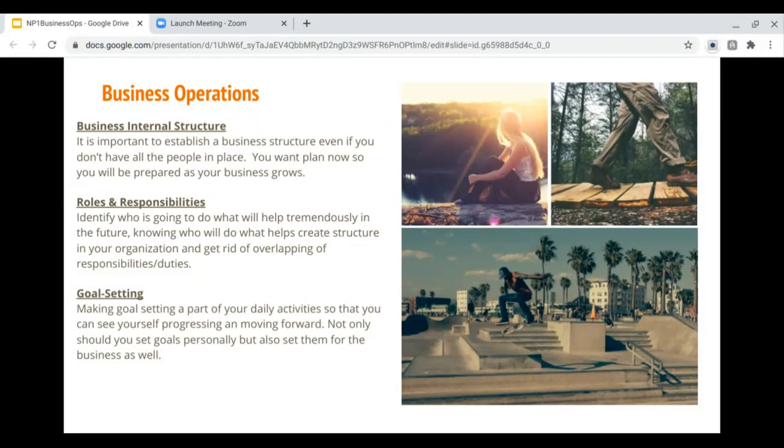Having that structure in place, like I mentioned, with your roles and responsibilities is key, because it creates not only organization, but it also limits the level of overlapping that you're doing. As a small business owner, you want to really limit overlapping, because your time is very limited. So you don't want a recruiter doing credentialing and then hire a credentialing coordinator to do it as well.